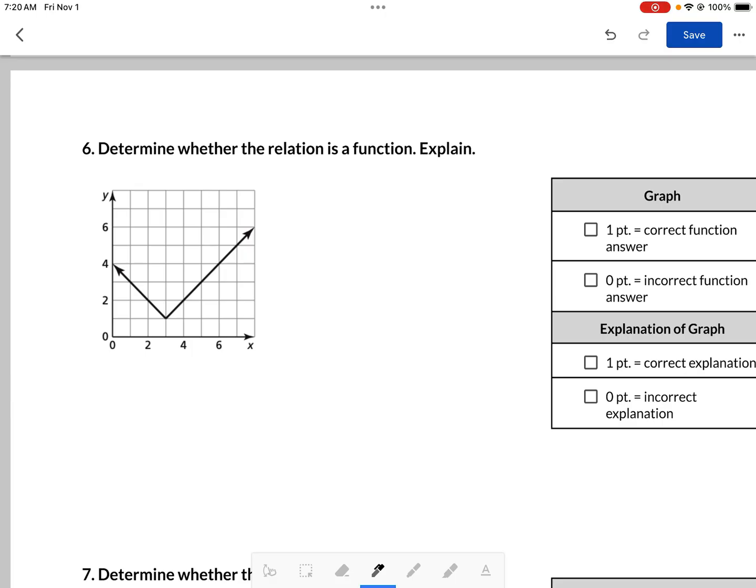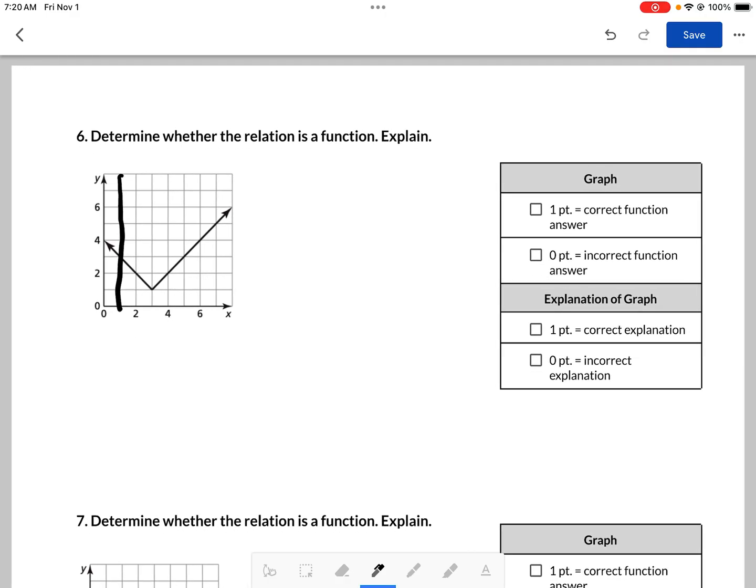And if there are no 2 points on the same vertical line, then it is a function. And I see here on this graph that is the case. So this is a yes, this is a function. There are no 2 points on the same vertical line.